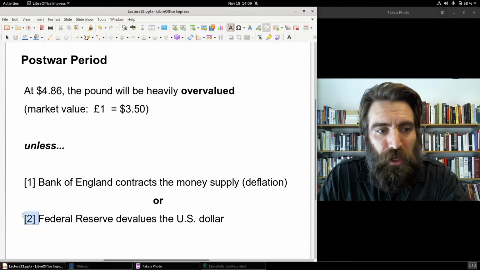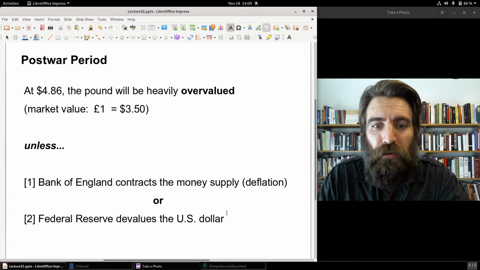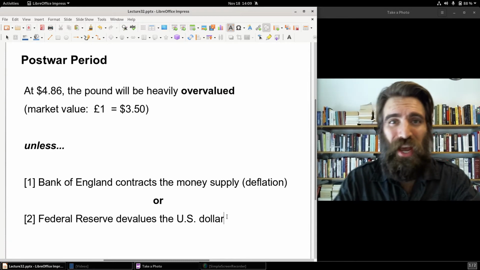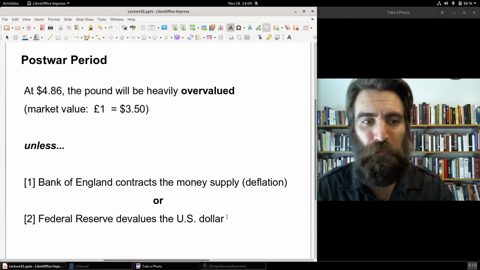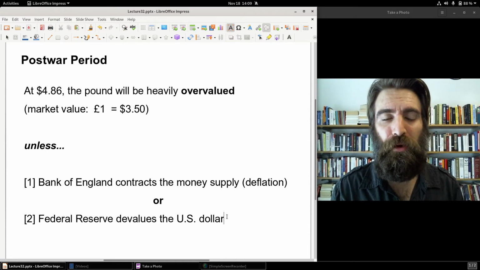The second option to perhaps mitigate some of the worst effects of this overvalued currency is to persuade other countries, especially the United States, to devalue their currencies, okay?